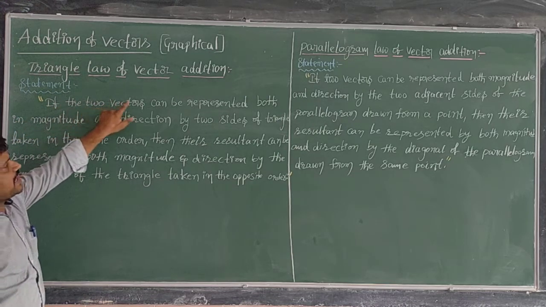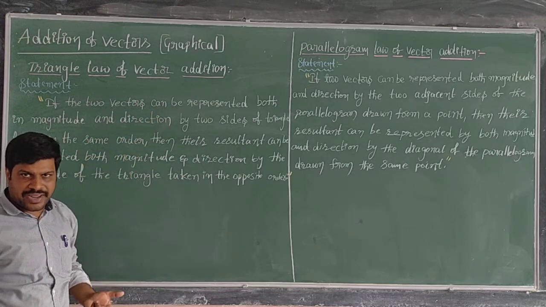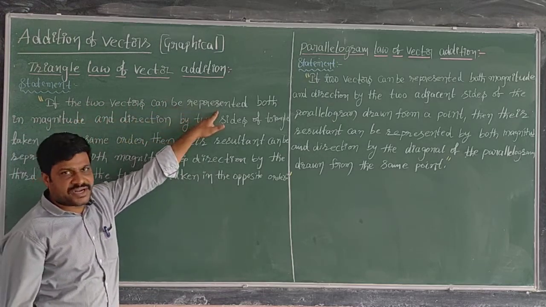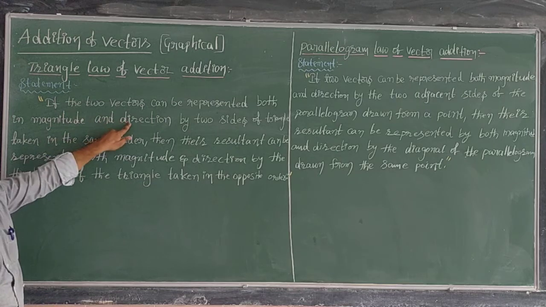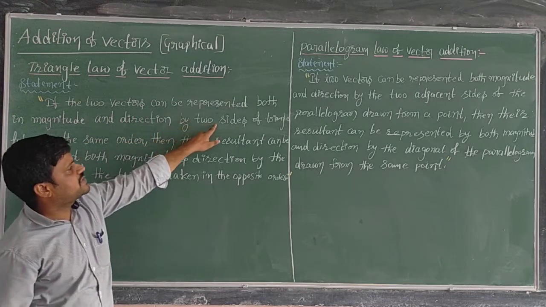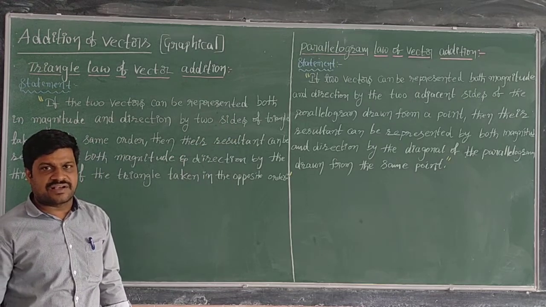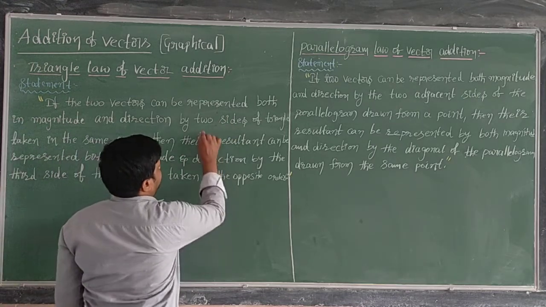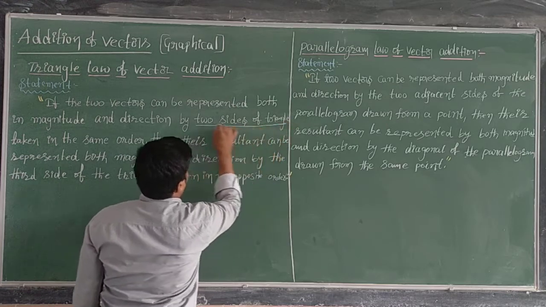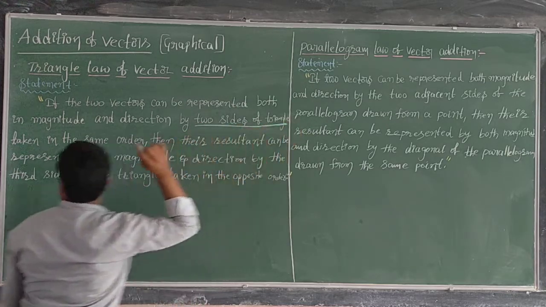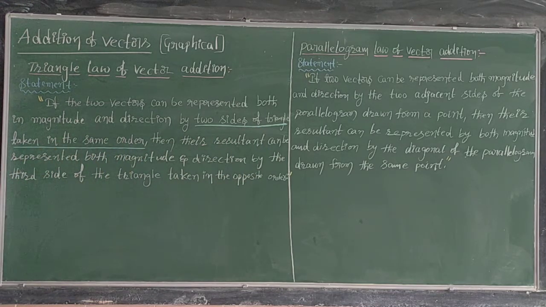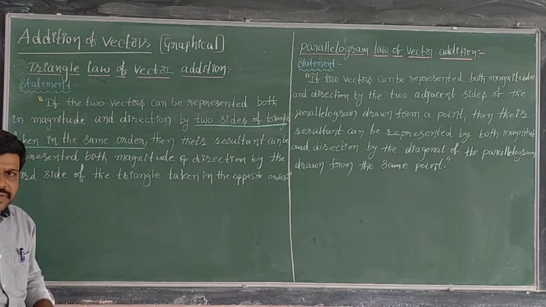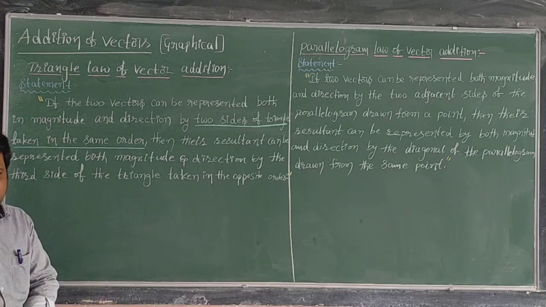If the two vectors which we have to add, both having magnitude and direction, can be represented by the two sides of a triangle taken in the same order, right, two vectors which we have to add, we take as the two sides of the triangle in the same order.